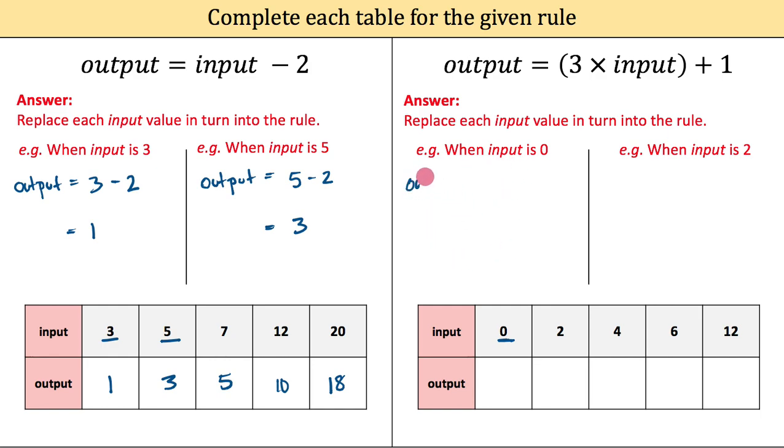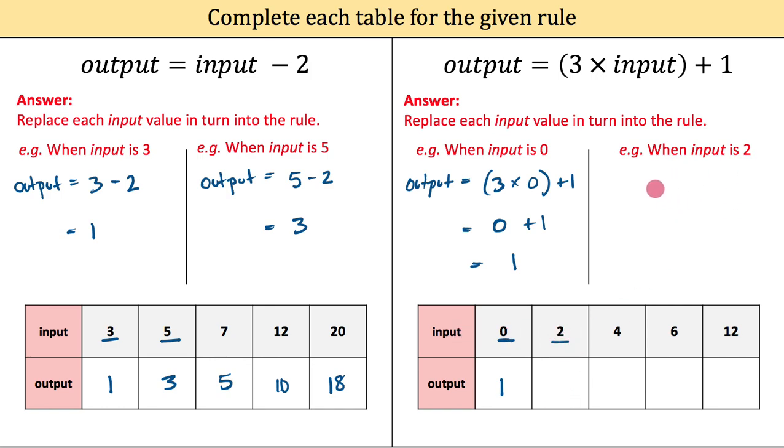So my output is going to be equal to 3 times 0. So notice that I replaced my input with 0, and then I'm going to plus 1. Well, what's 3 times 0? It's 0. 0 plus 1 is, drum roll, 1. So a 1's going to live here. Next, when input is 2, so this time what I'm trying to do is find out what my output is going to be when my input is 2.